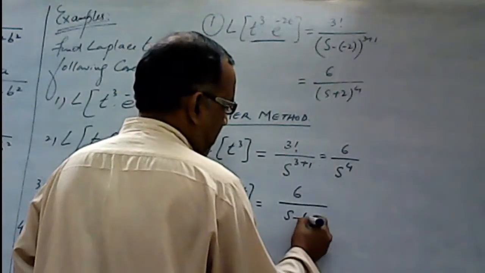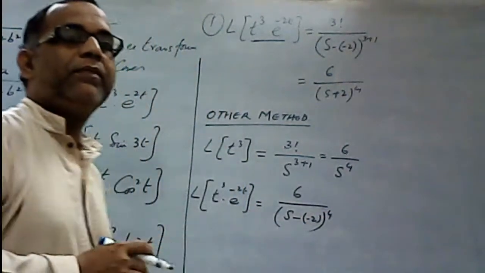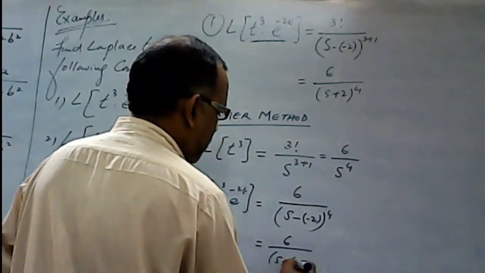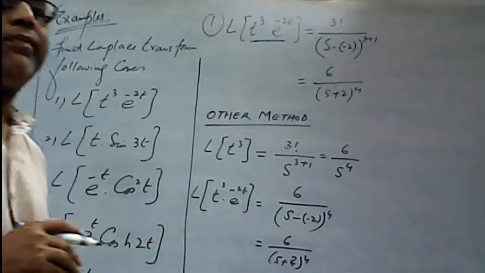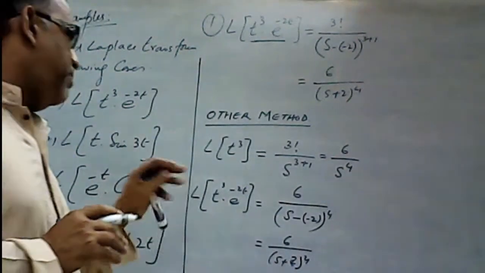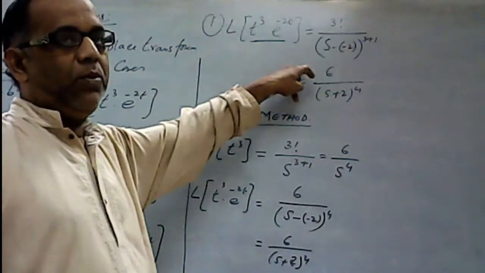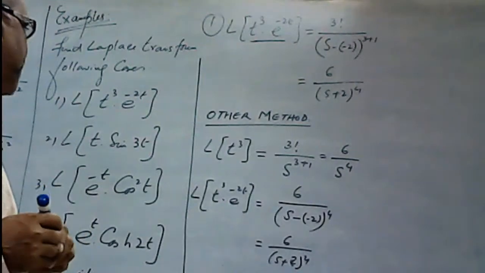So s minus a, which gives the same value, 6 upon s plus 2 whole power 4. So this is the preferred way to do this. Otherwise, if you know the formula directly, then you can use the direct formula as well.